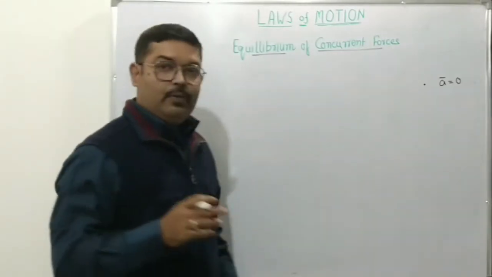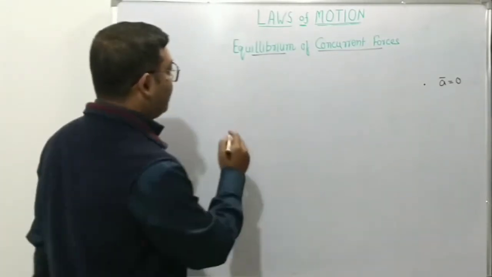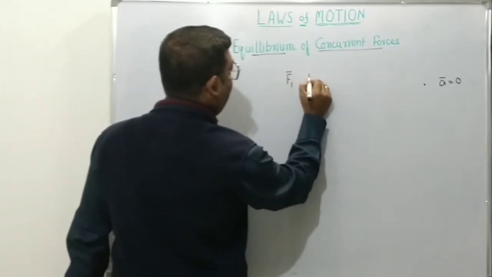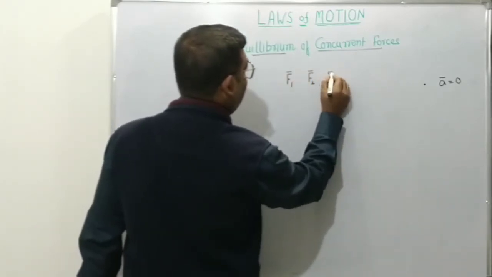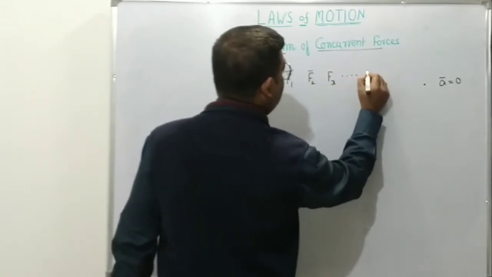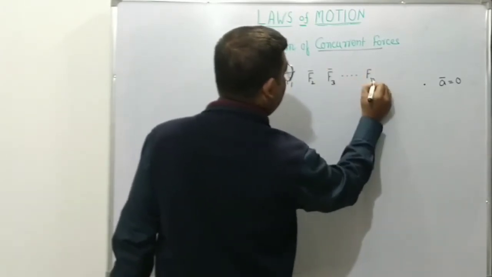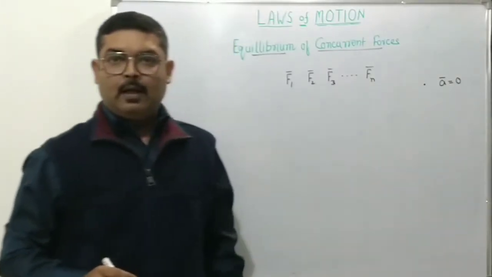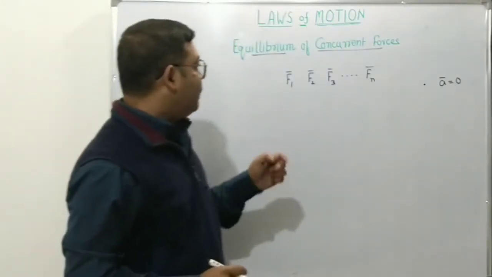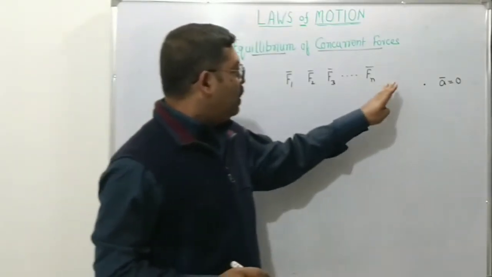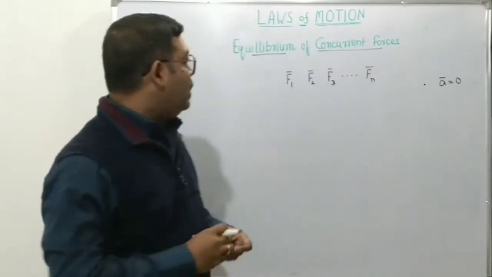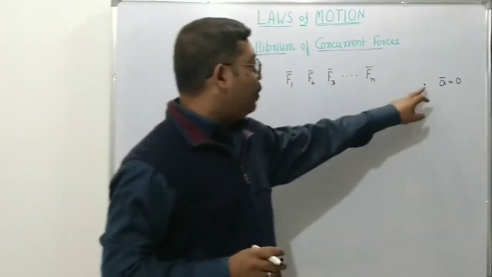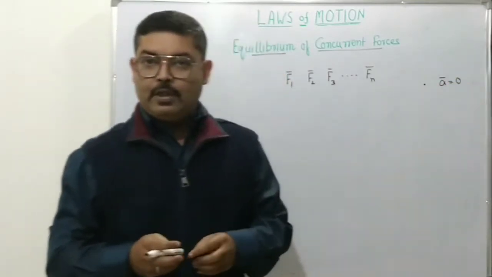We know that, say, there are different forces F1, F2, F3 and so on till Fn, n number of forces acting at a single point. And if it is so, then these individual forces would tend to accelerate the body. So acceleration will not be 0.